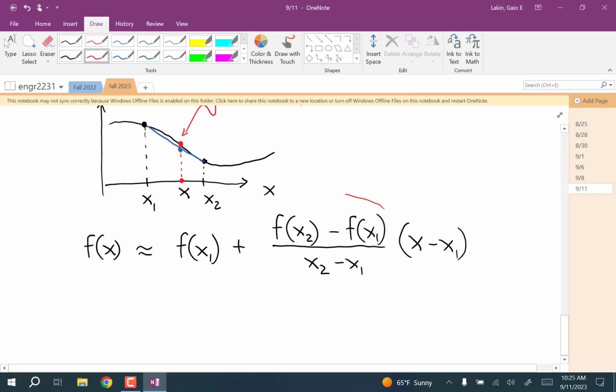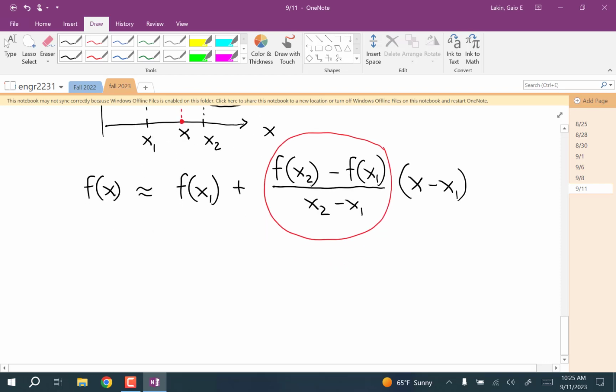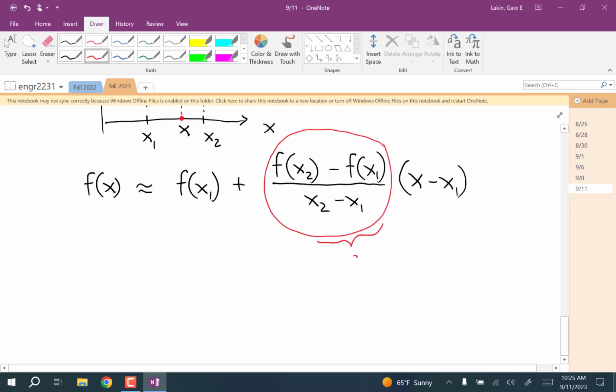So notice that this is the slope of the line between x1 and x2.